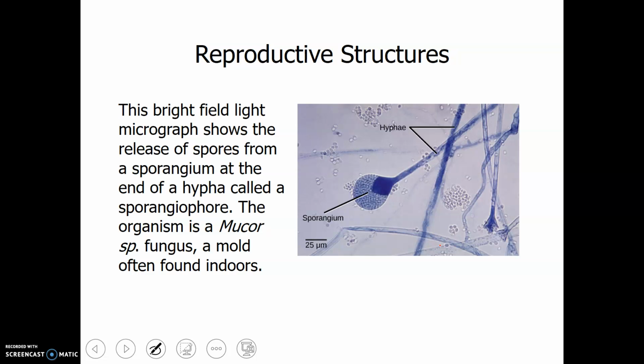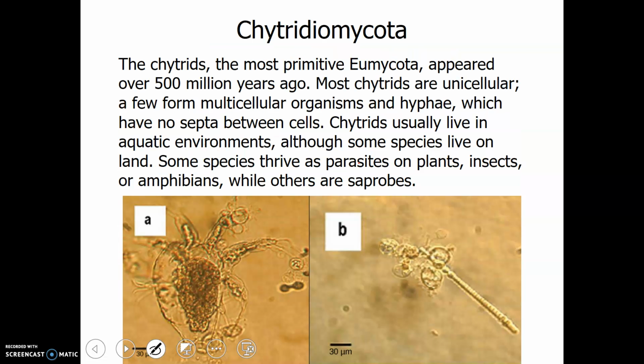This organism is a Mucor fungus, which is a mold that's often found indoors. So this is the sporangium, and the hypha that contains the sporangium is called the sporangiophore. And then the spores are released from the sporangium.